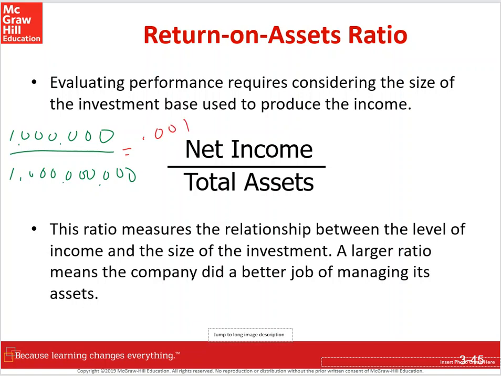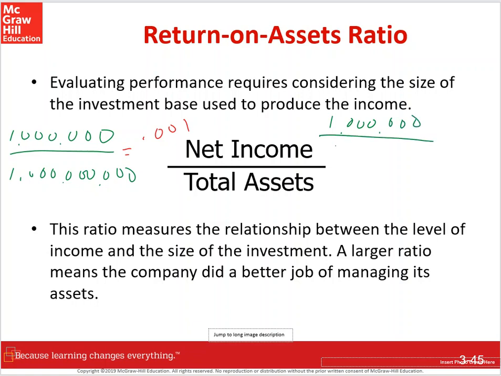Well, I'm happy about my $1 million of net income, but if I used $1 billion of assets to generate that, quite honestly, that's pathetic. We could actually earn more than that by just parking our money in a savings account at the bank. So that's not good.